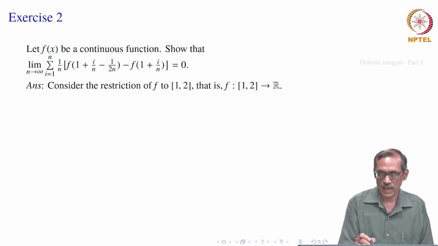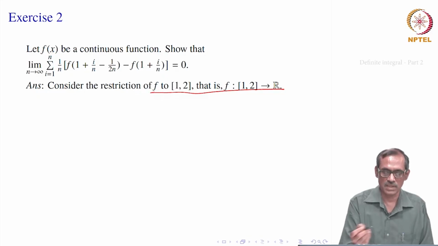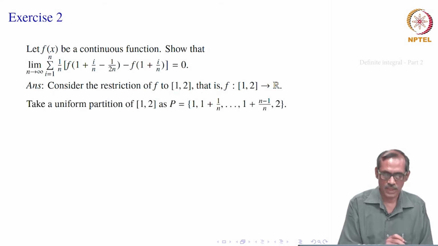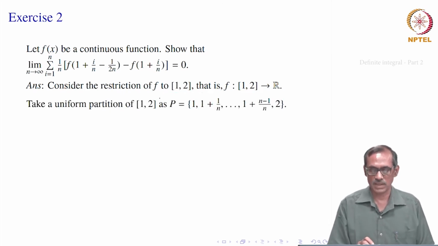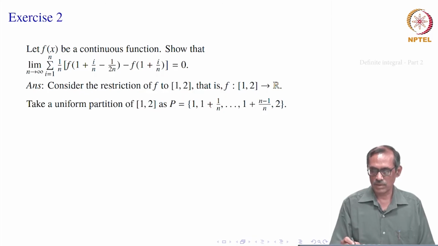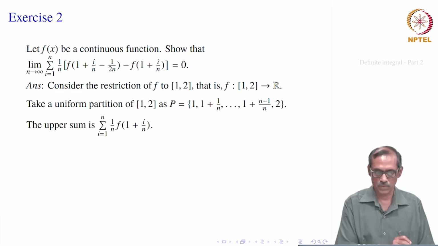Fine. So, let us try the function f from 1 to 2 to R. Consider its restriction, because nothing is given, we have assumed R to R. Now you think of the restriction of f as a function on 1 to 2. Now, we take a uniform partition of 1 to 2, say 1, 1 plus 1 by n, up to 1 plus n minus 1 by n, and the last point is 2.